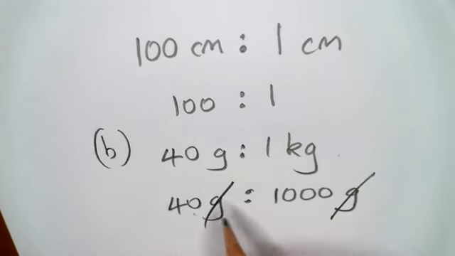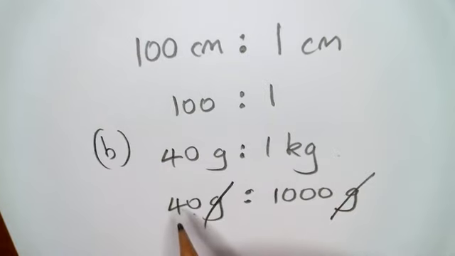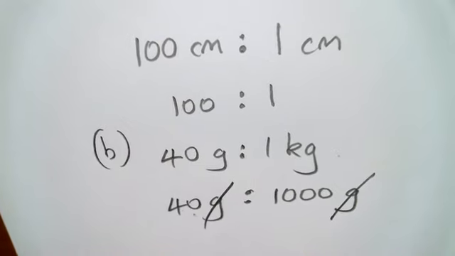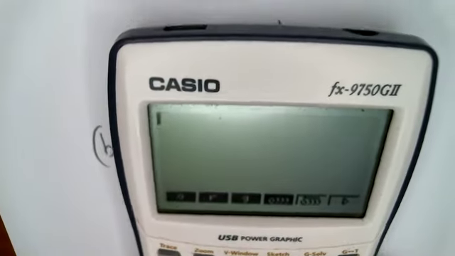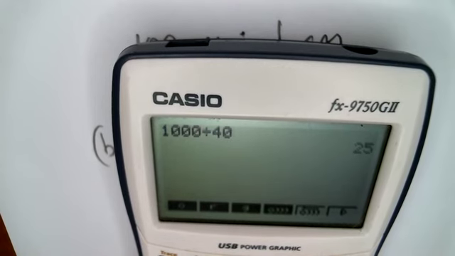Now I can, of course, divide this out by things, and this is where using a calculator would not be a bad idea. If I divide 1,000 by 40, let's have a look.